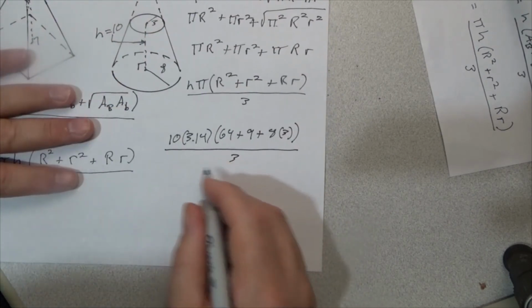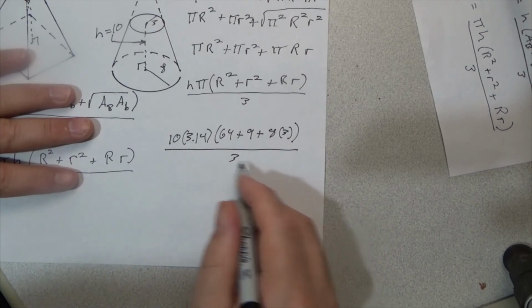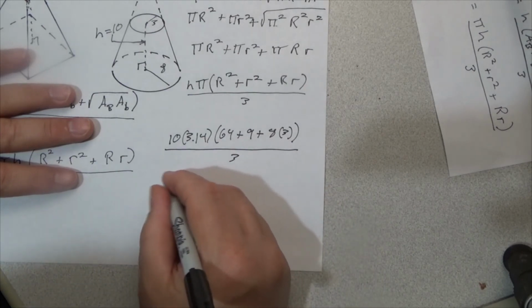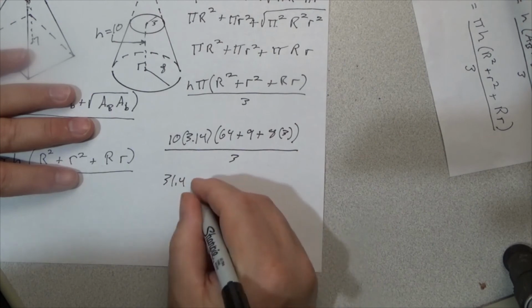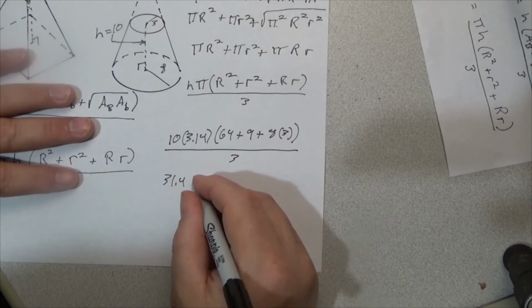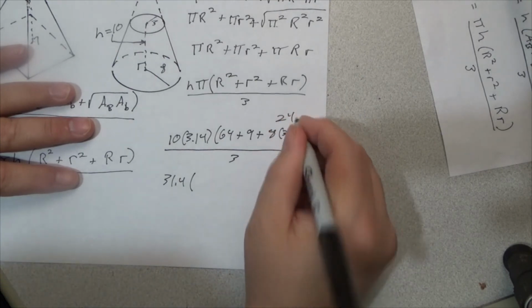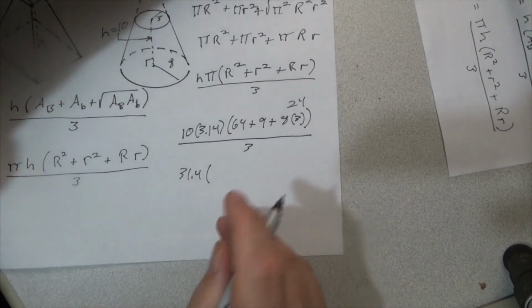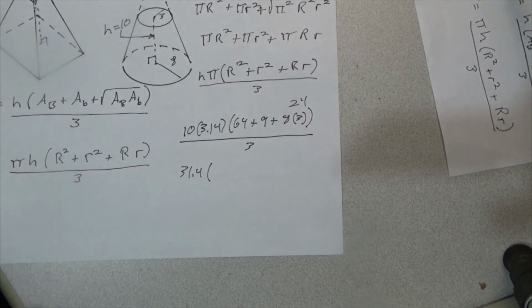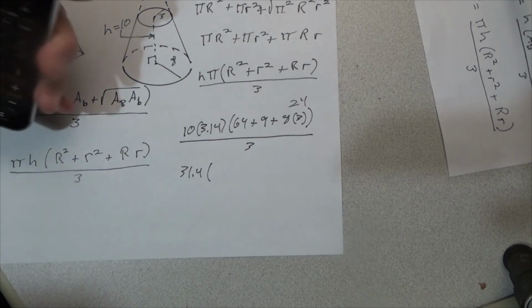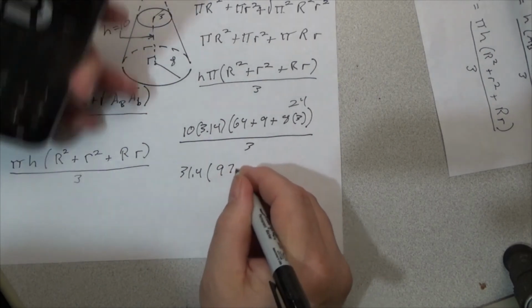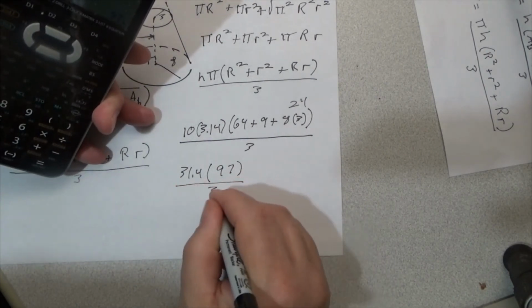Okay, so simplify this. 31.4 times, that's going to be a 24. So 64 plus 9 plus 24 is 97. Divide that by 3.